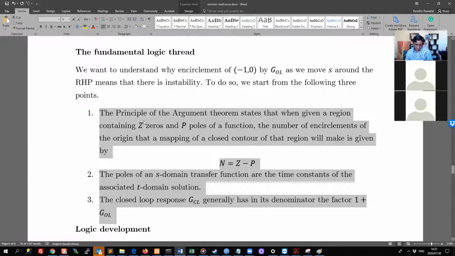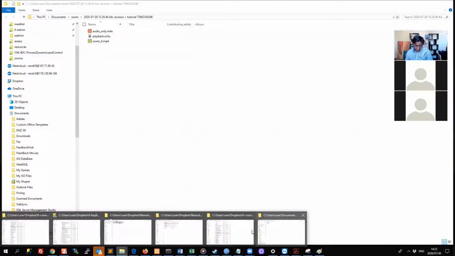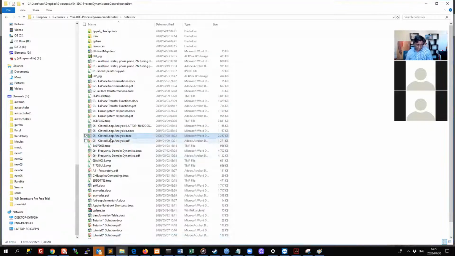So the first thing to look at is this so-called principle of the argument. I'm just going to open up the notes for that.